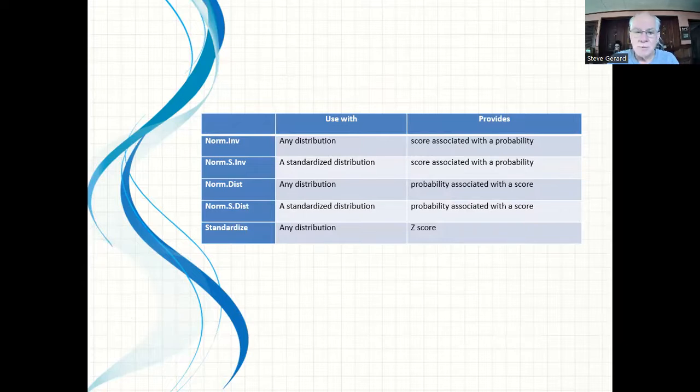When I give you a problem, the first question you should ask yourself is, is Steve giving me a standardized distribution or a raw number distribution? If it's a raw number distribution, that is, you've got 273.5 and 161.2 or something, that's clearly not a standardized distribution.